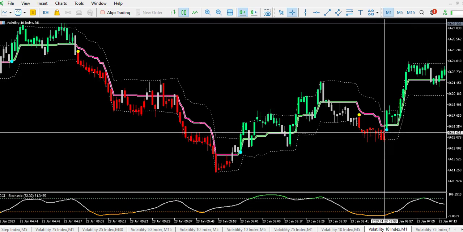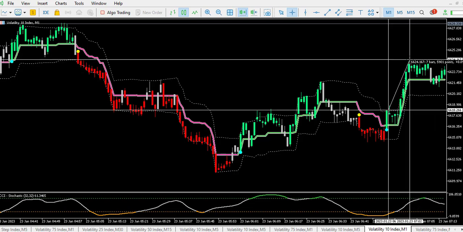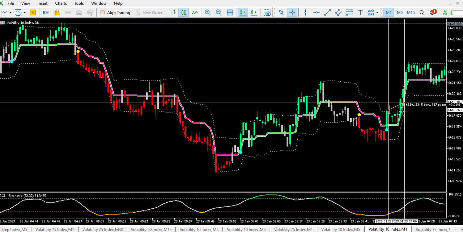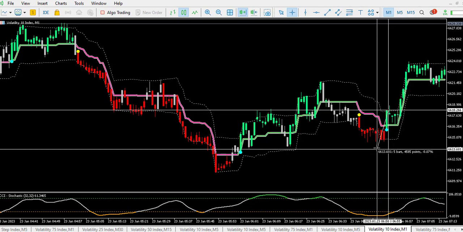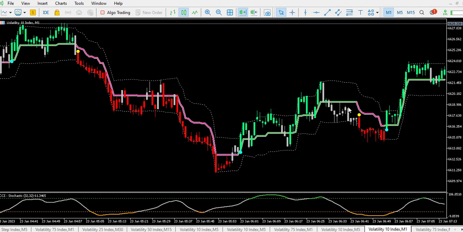This changes one candle before we have the ball, so at the close of this candle here you place your trade. It's either you ride the trend or you use fixed take profit, and your stop loss will just be a few pips below the previous low for a buy, and for a sell a few pips above the previous high. And this is how I use this particular indicator, and it is simple to use.